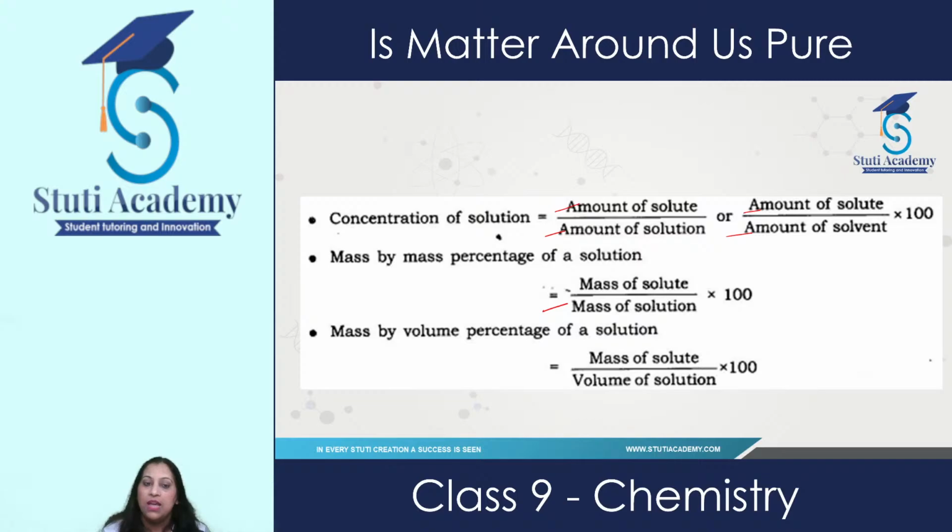Mass by volume percentage of a solution is mass of solute upon volume of solution. These are the formulas which we use for finding the concentration of a solution: mass by mass percentage or mass by volume percentage of a solution.